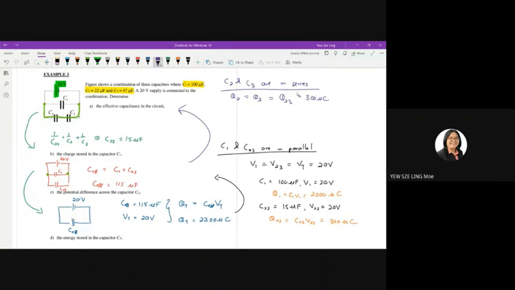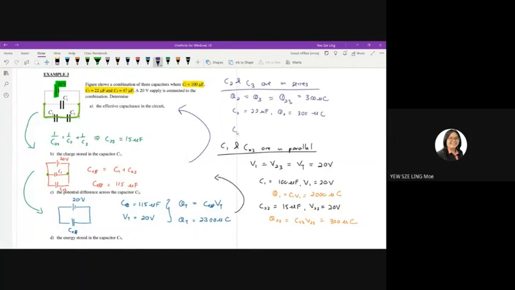Once you have this value, now you can proceed to determine the values of potential difference. How? Well, we have C2 equals 22 microfarad, Q2 equals 300 microcoulomb.